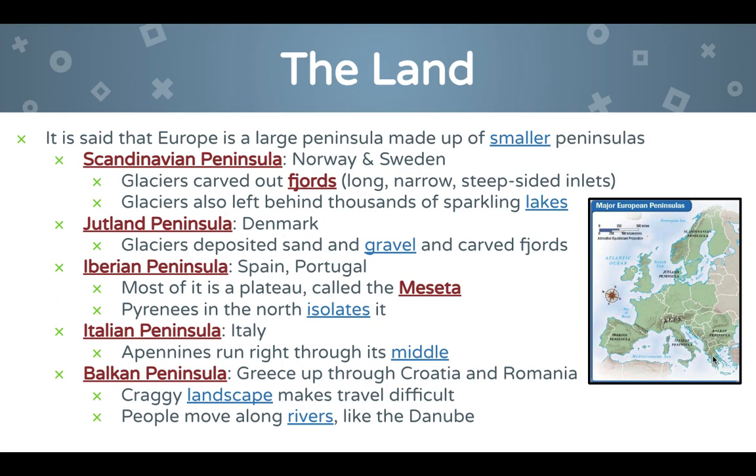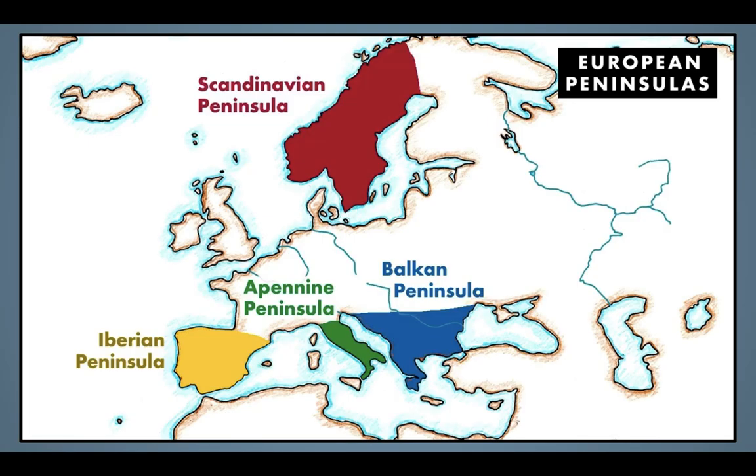There are a lot of countries involved in this, but it's a very craggy landscape, which makes travel really difficult. People move mostly along the rivers, like the Danube River, which flows right through there. This right here is another map of all the peninsulas that I just showed you, except Jutland isn't marked on there. But there it is right there.